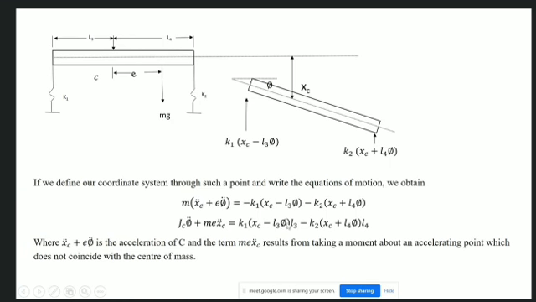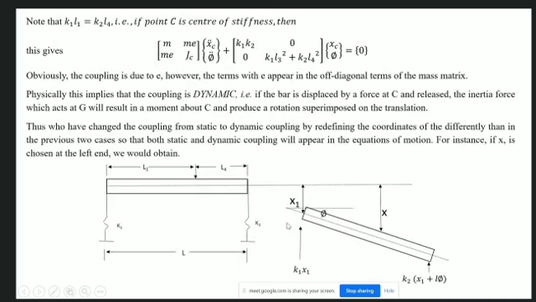Then if we try to write down the equation, if we consider K1L1 equal to K2L2, then this will vanish, but this mass matrix will have the off diagonal terms. So we can call now the coupling is occurring for the dynamic activity, and so it is called dynamic coupling.